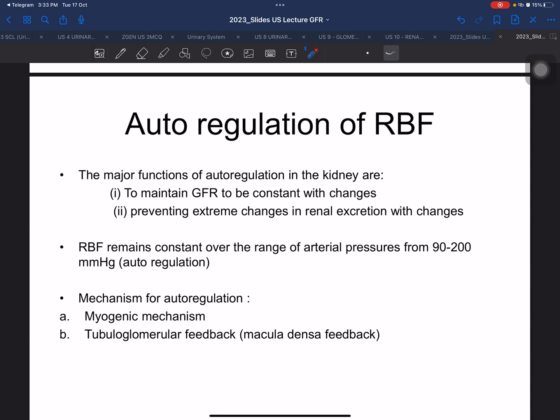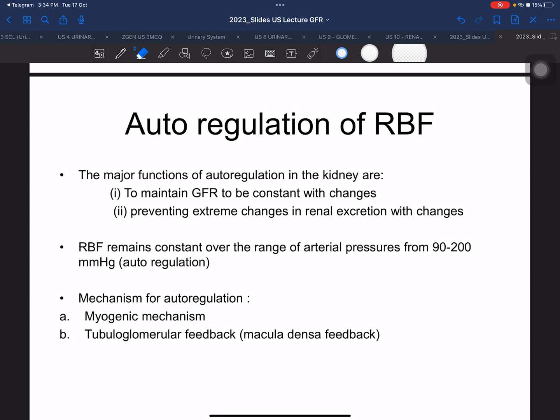Changes can occur during shock or during an increase of blood pressure. All these things affect the GFR, and then the kidney needs to bring this GFR back to a constant value, and also to prevent extreme changes in renal excretion. You don't want the solutes that you need in the body to pass through and be excreted. So that's why we need autoregulation.